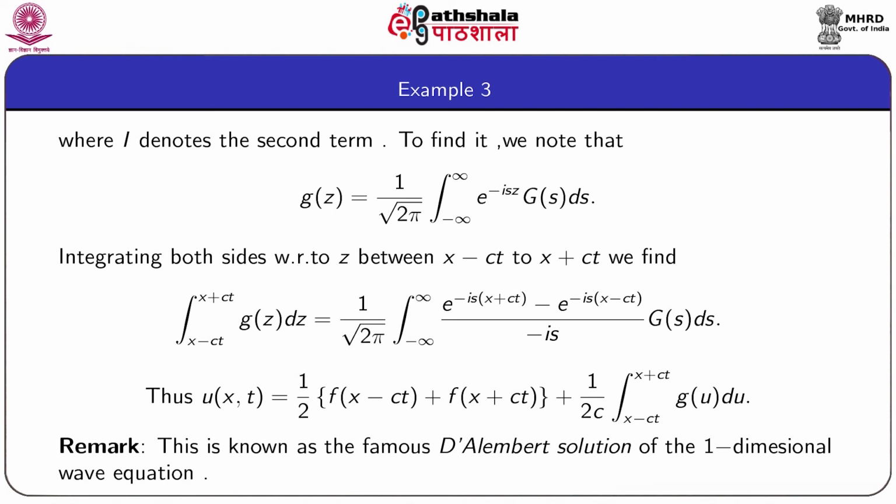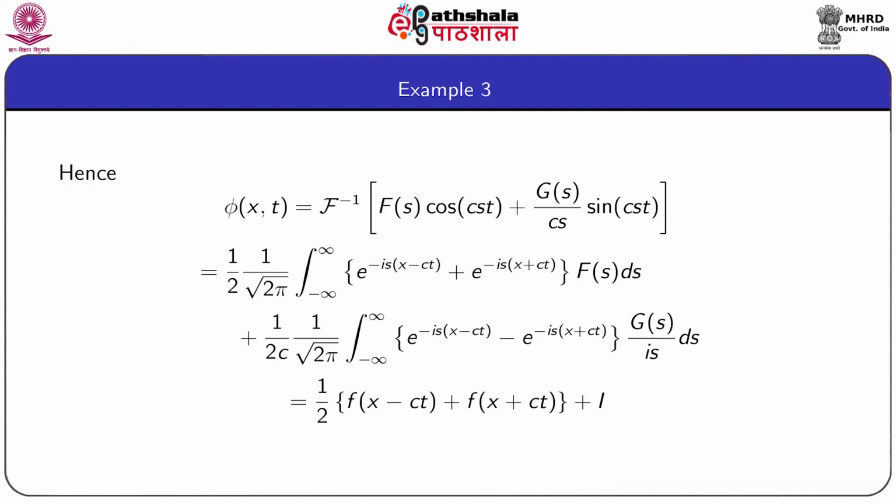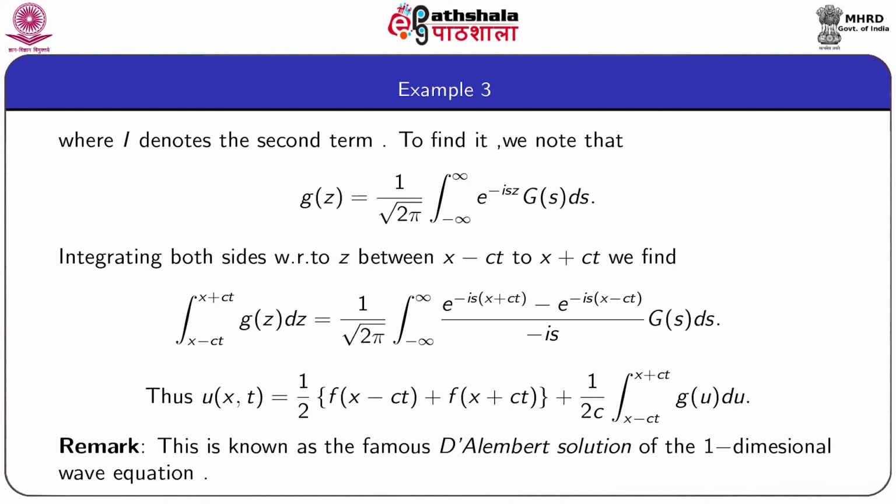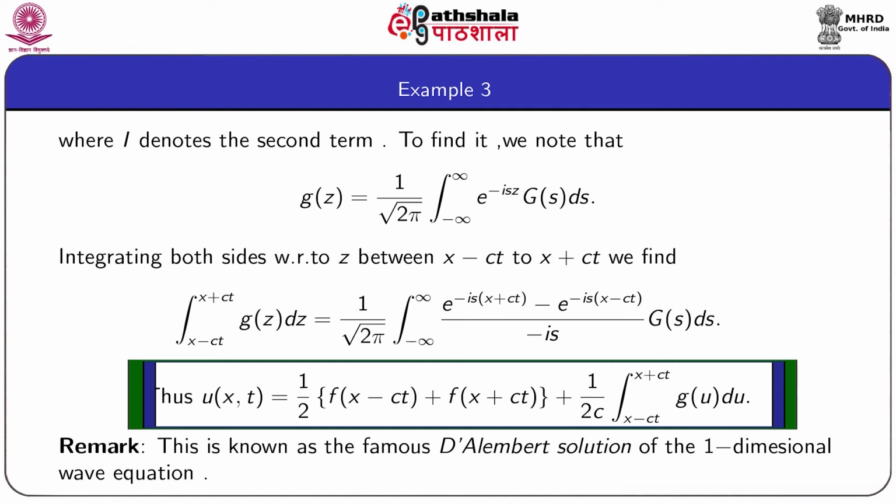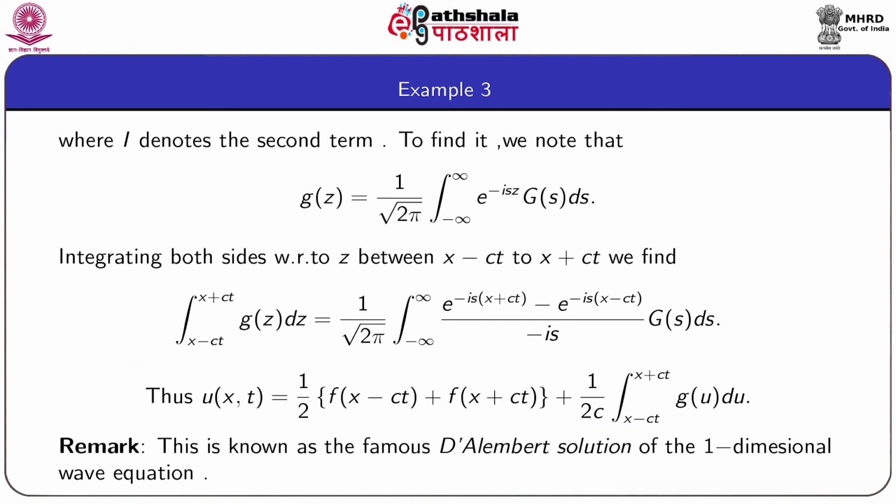Now note that this term on the right hand side is the same as this I. So, instead of this term in the expression for small phi(x,t), we can substitute, so that small phi(x,t) is equal to half of f(x minus ct) plus f(x plus ct) plus 1 by 2c integral x minus ct to x plus ct g(u) du.